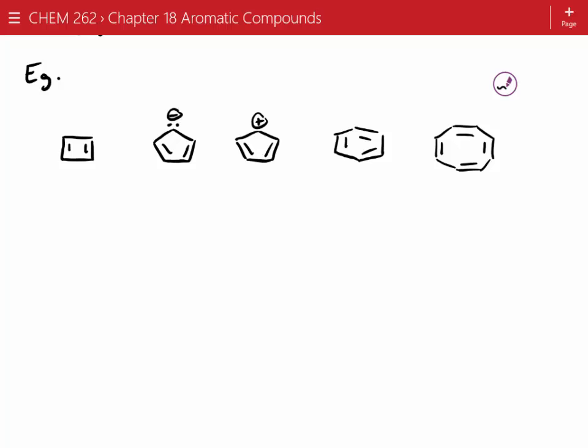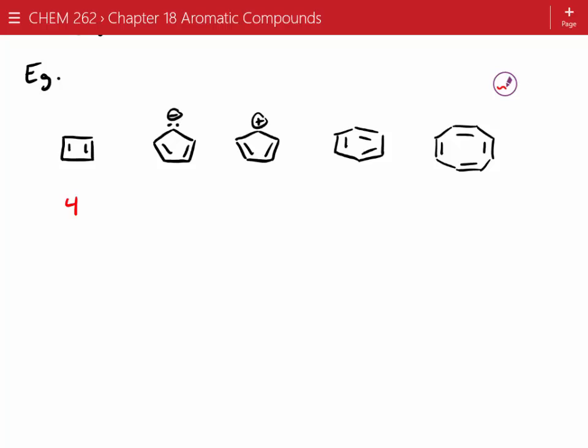Does that follow the 4n plus 2 rule, if it has 4 electrons, where n is an integer? What would n be to fulfill this? So n is any integer number: 0, 1, 2, 3, 4, 5, 6, 7, 8, 9, 10, 11.